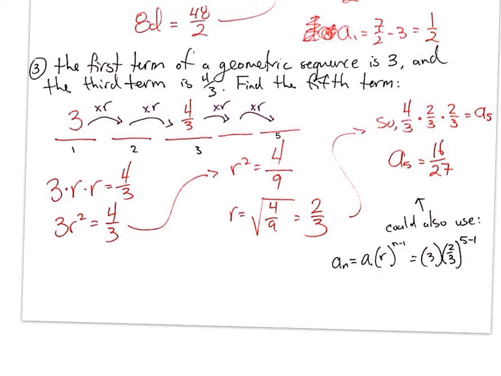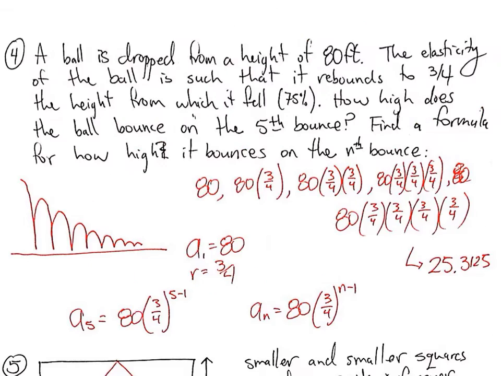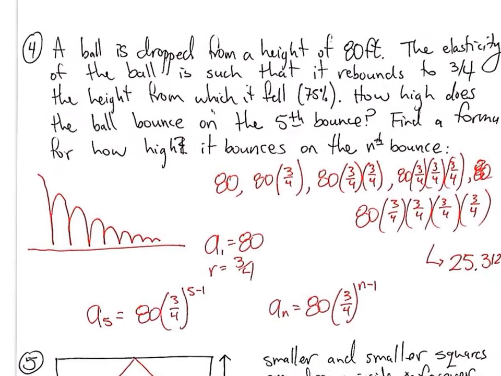We could also, once you know r, and once we know a sub 1, have just substituted into the explicit formula of a geometric sequence, and this would have given us the same thing, 16/27.